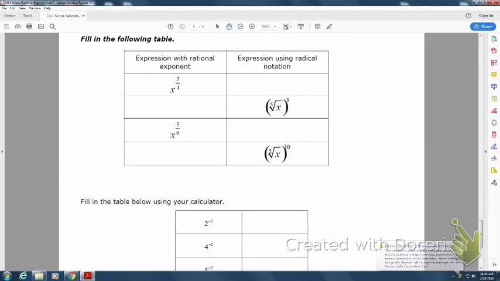All right, so if I'm going to go from either rational to radical or radical to rational, I can do the same process. So if I've got x to the power of 3 over 4, Emma, and I wanted to write that in radical notation, what would that look like?